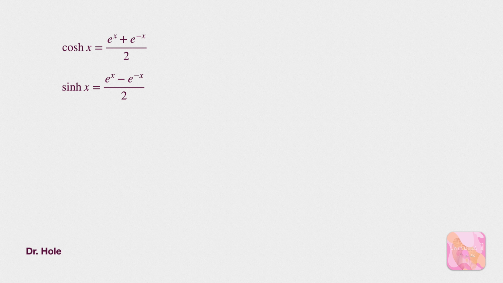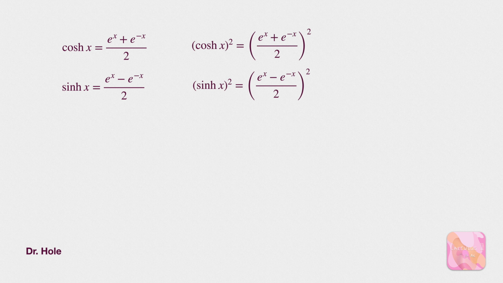So consider cosh, defined in terms of exponentials, and sinh, defined in terms of exponentials. One is a sum, one is a difference. The Pythagorean identity is cosine squared plus sine squared. Let's likewise consider the square of cosh and sinh.